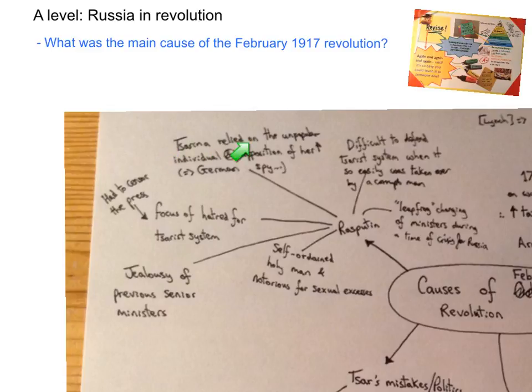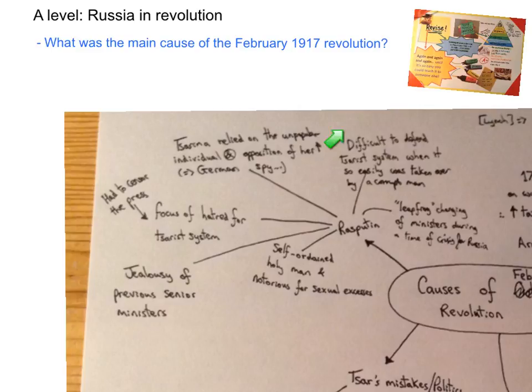The Tsarina relied on Rasputin for the care of her son, and this increased opposition against her, basically. So it led to people being more likely to make the accusations that they did, that she was German and therefore she was a spy, she was working against the Russian war effort. So Rasputin's presence made the kind of xenophobia against having a German wife and the hatred of the Tsarist system much more likely.